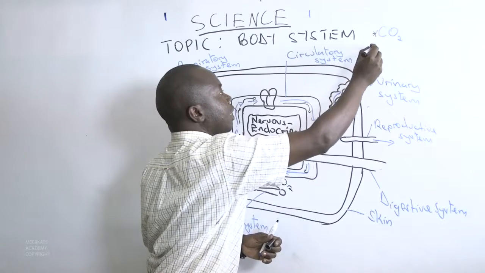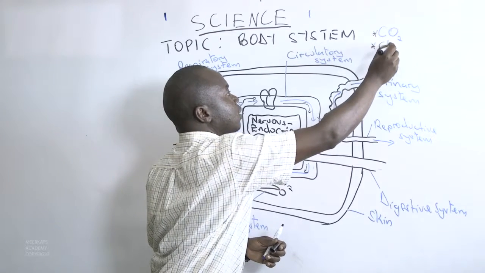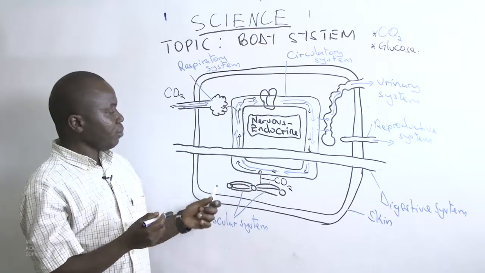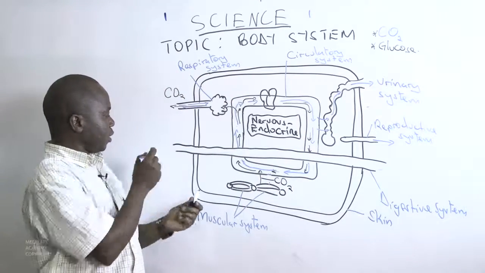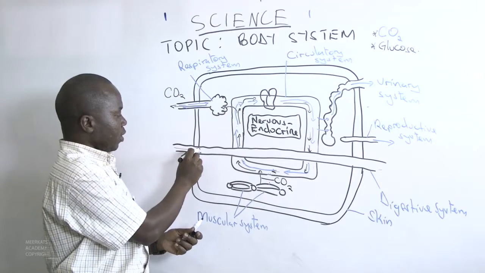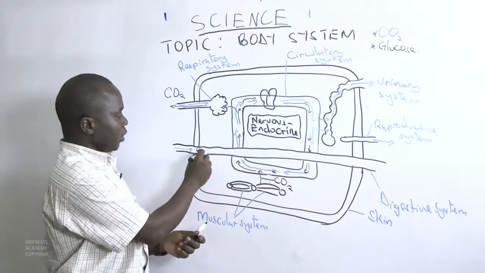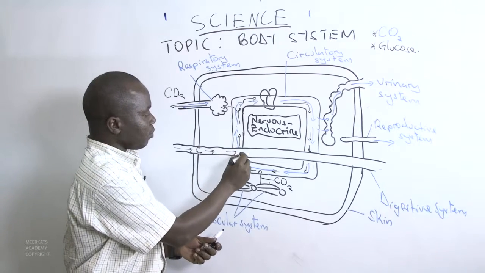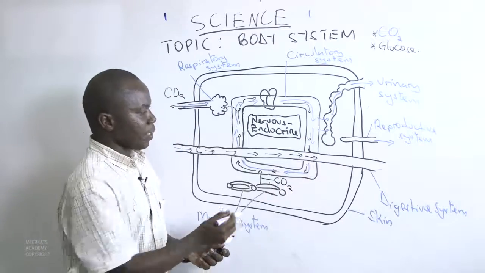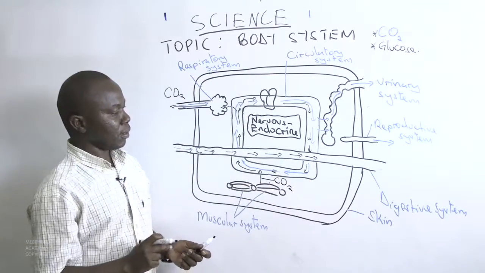Let us find another material, glucose. Glucose usually enters the body maybe in the form of carbohydrates. That is the mouth, carbohydrates. It will flow through this system as it is being digested, but it will not go beyond that.